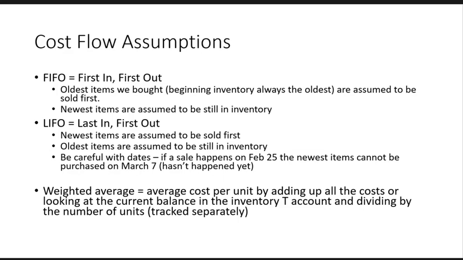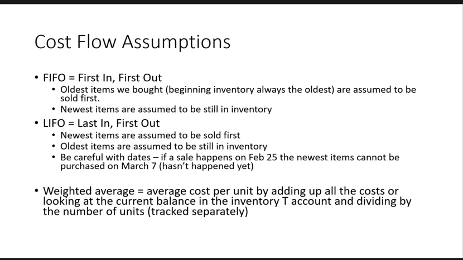The other assumption is LIFO, last in, first out. The newest items are assumed to be sold first. With LIFO, you have to pay very close attention to the dates, because if you sold something on the 25th of the month, the newest items that you bought could have been the ones on the 23rd, but they can't be the ones on the 27th.